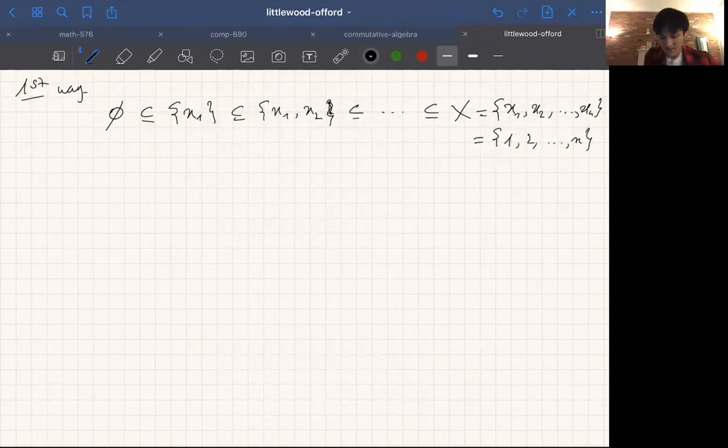Each one is a unique chain. If we chose x2 first and then x1, it's still a different chain, because in this one x1 came first and in the other x2 comes first. So any permutation of 1 through n gives a unique chain, and that's exactly how many chains there are. There are n factorial maximal chains.